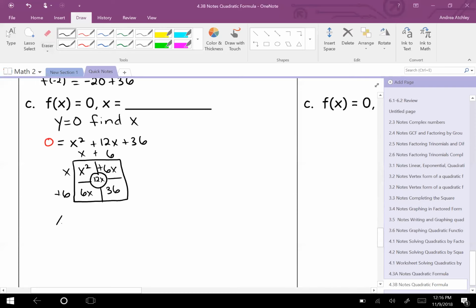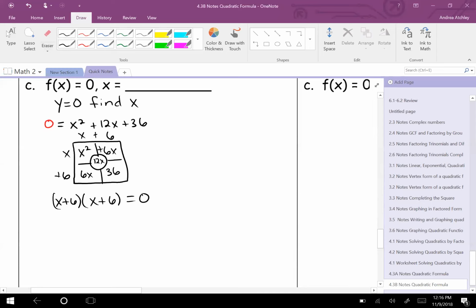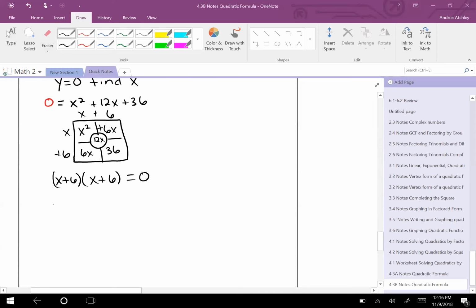So I have x plus 6 times x plus 6 equals 0. That's going to give me x plus 6 equaling 0. Do I really need to do both of them? No, right? Because they're both the same answer. It's going to be negative 6.